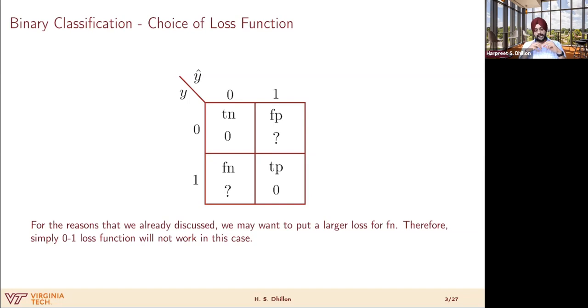In this case, it is clear that we should not be choosing a 0-1 loss. The loss associated with a false negative is much higher than the loss associated with a false positive, so we should be careful in how we construct the loss function.